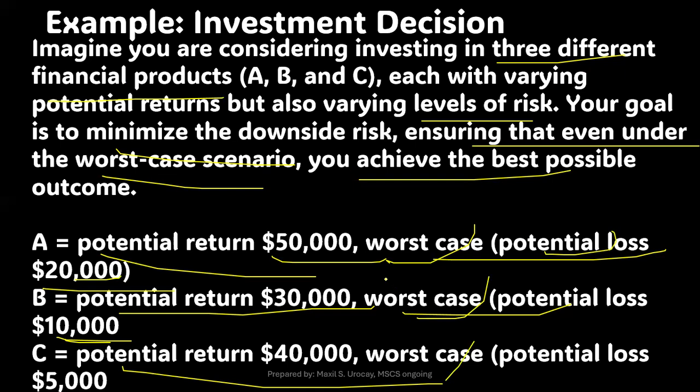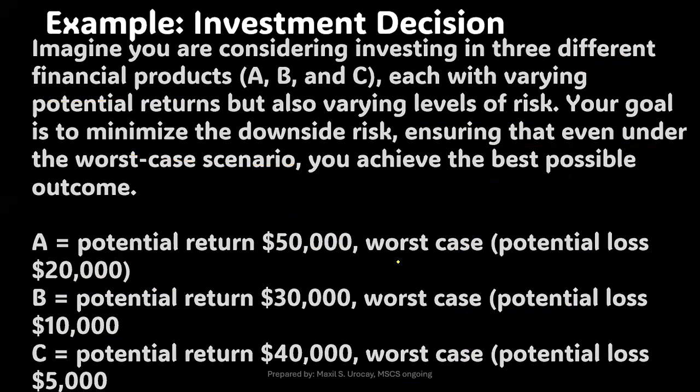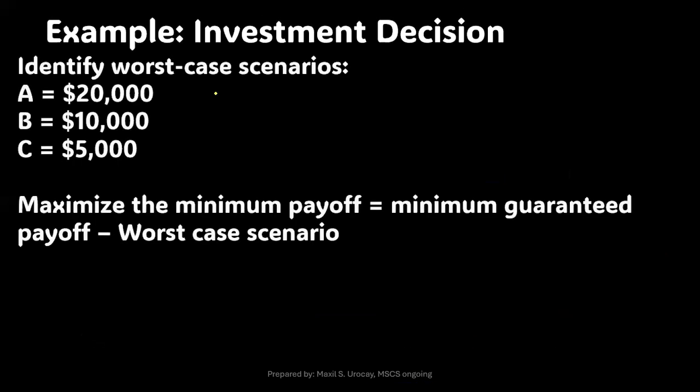And then for identifying the maximum, since that equals the minimum guaranteed payoff, the minimum guaranteed payoff is 50,000 less the worst case scenario. So 50,000 minus the loss of 20,000. This is the identifying of worst case scenarios.